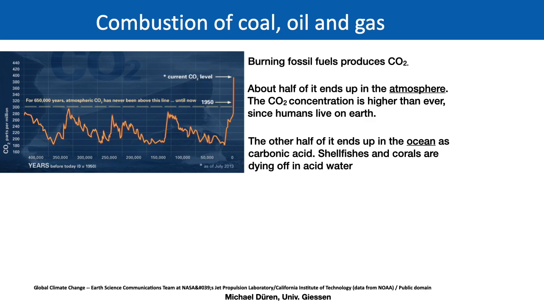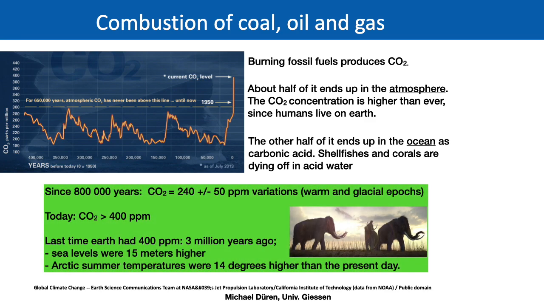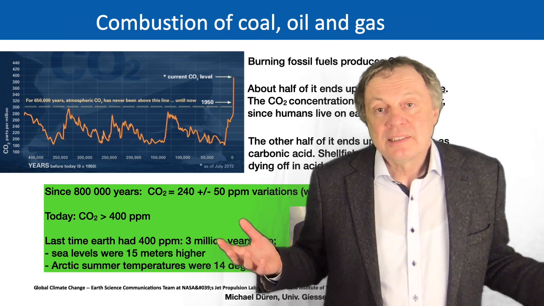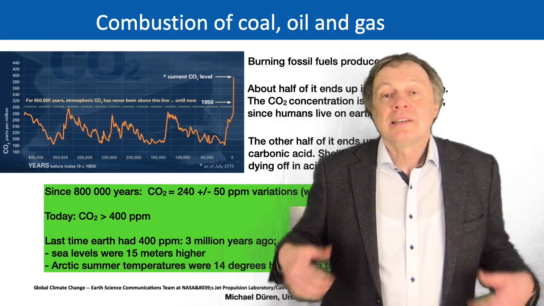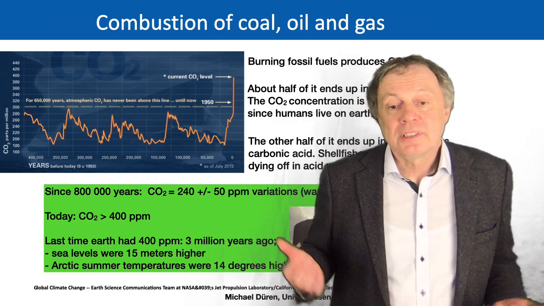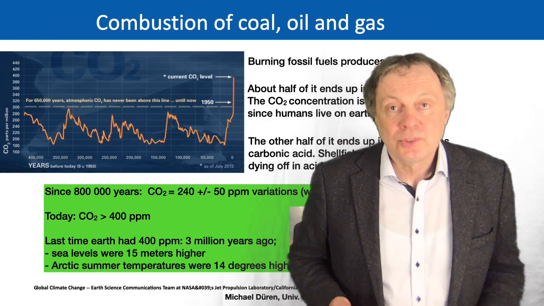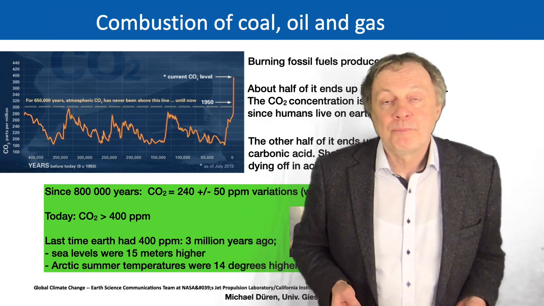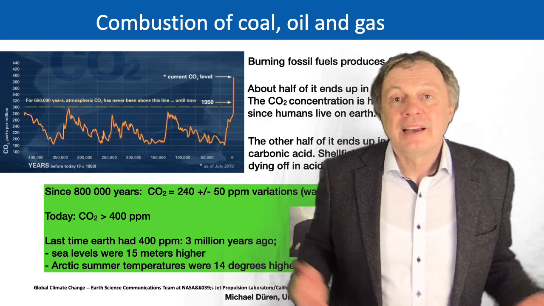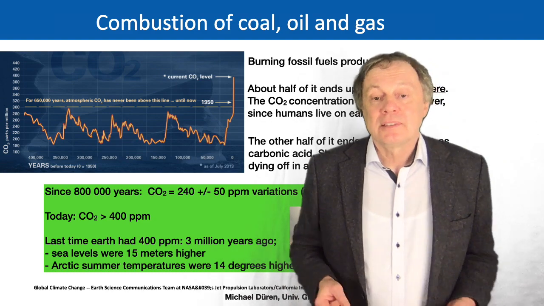So to conclude, for more than 800,000 years, the CO2 value was about 240 plus or minus 50 ppm. This was the case in warm and glacial periods, and there is a strong feedback of the two systems. Today we have a CO2 value of 400 ppm, which is higher than at any time when there were human beings on Earth.